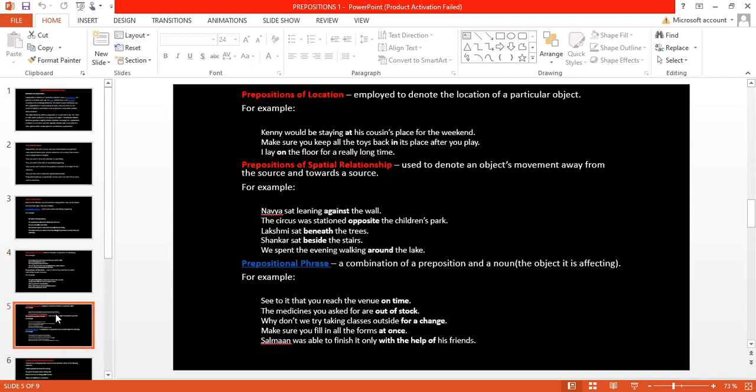Is that okay? Now, prepositions of location are employed to denote the location of a particular object. For example, Kenny will be staying at his cousin's place for the weekend. Look at, is what is used. Make sure you keep all the toys back in its place after.